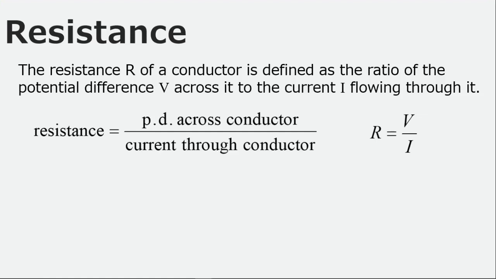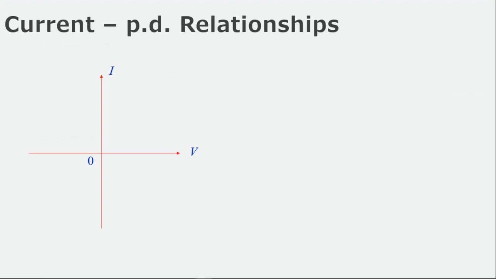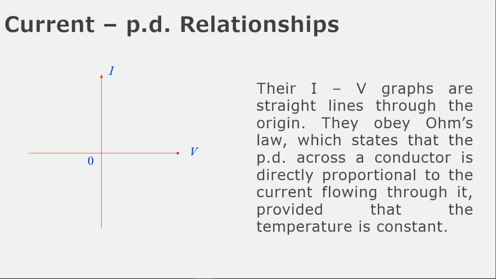Let's look into the relationships through graphs of current and potential difference. Here we have a graph of I and V, the current and the potential difference. Their I-V graphs are straight lines through the origin.